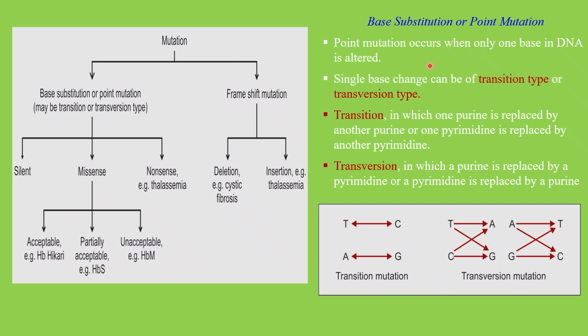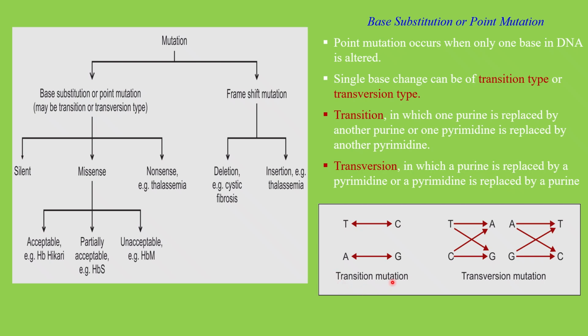First, we will understand the concept of point mutation. As the name suggests, in this particular type of mutation, only one base in the DNA is altered. The single base change can be of transition or transversion type. Transition means a purine base is replaced by a purine or a pyrimidine by a pyrimidine.